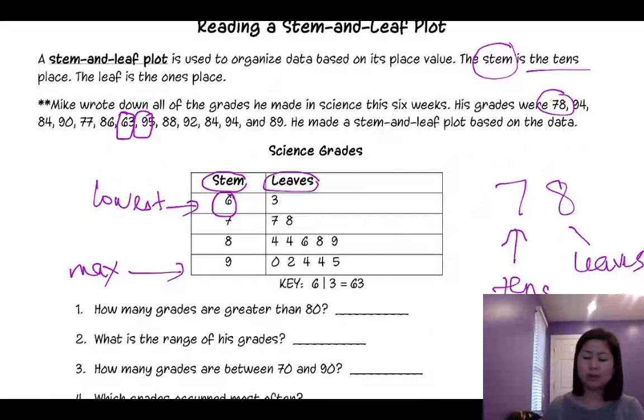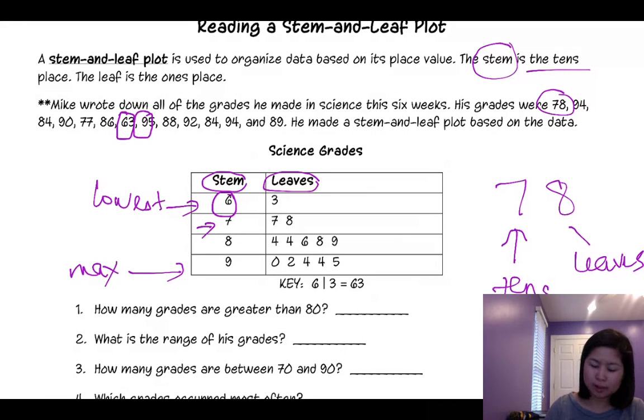Okay. When you list these out, it's actually pretty simple, but it can be confusing because on the second column, you only list out the ones. You don't have to write out the tens again. There's no reason for you to do it. For example, if we look at 78, we put a 7 right here for the stem.